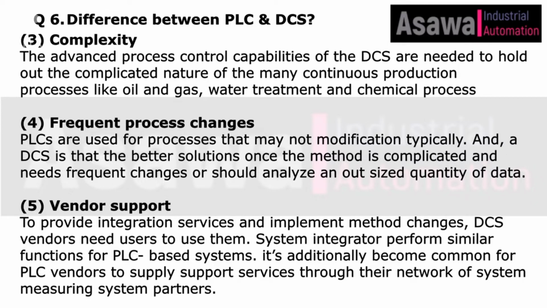To provide integration services and implement process changes, DCS vendors need users to use them. A system integrator performs similar functions for PLC-based systems. It has additionally become common for PLC vendors to supply support services through their network of system integrator partners.